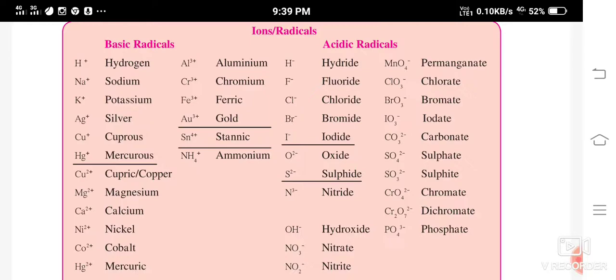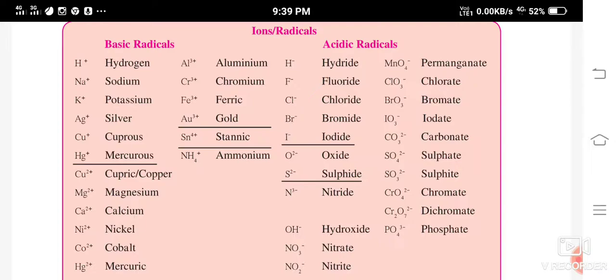Now acidic radicals are given to you: hydride, fluoride, chloride, bromide, iodide. All these are halides, and the valency is 1. Oxide and sulfide are 2, nitride is 3, then hydroxide and nitrate are 1.